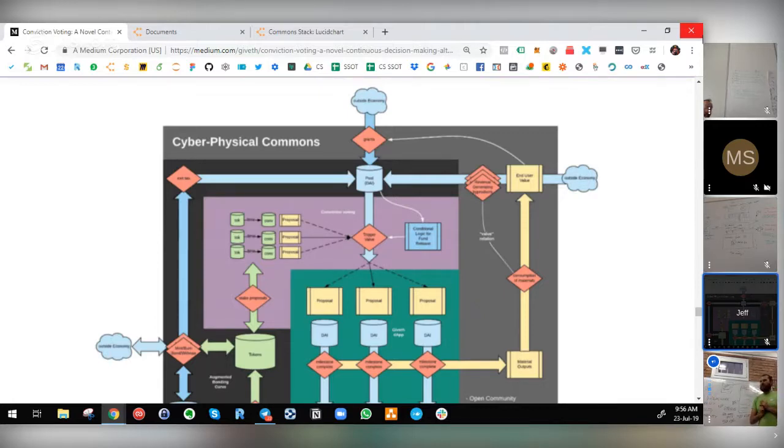Any questions on the iterations? Okay, cool.